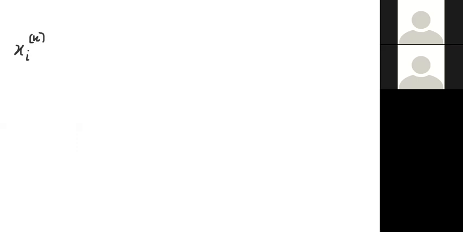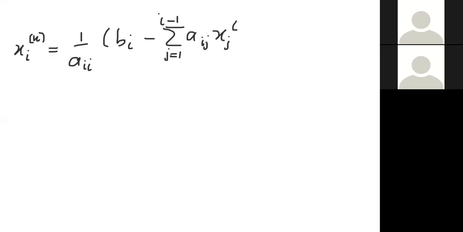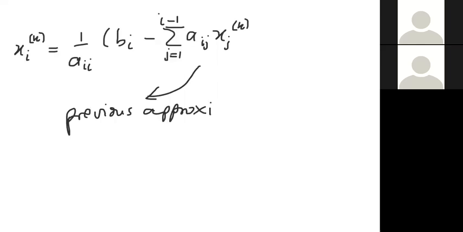So xi^k will be written as 1 over aii, then I can start with bi, then minus this summation from j equal to 1 up to i-1 of aij xj^k. These are the values I'm getting from the previous approximation.